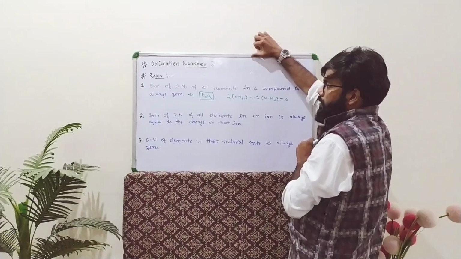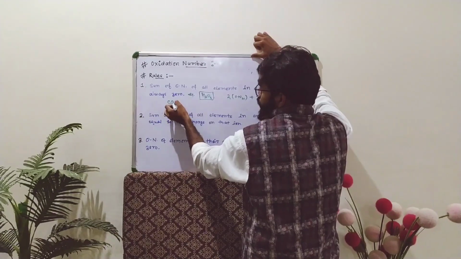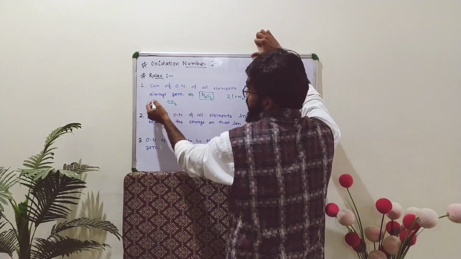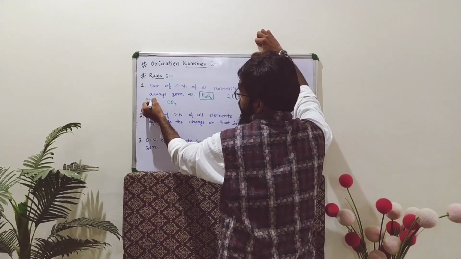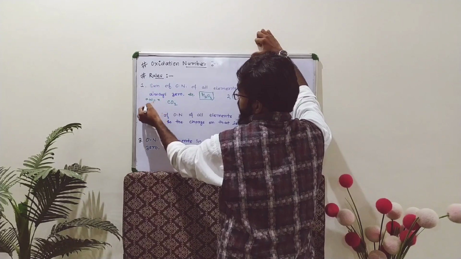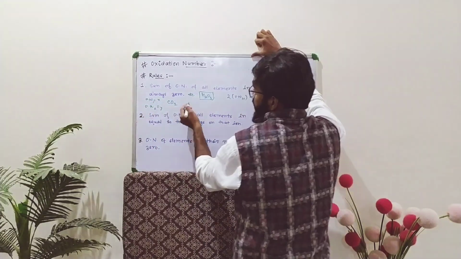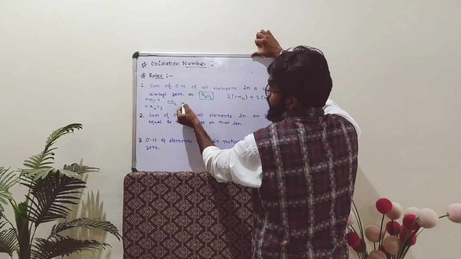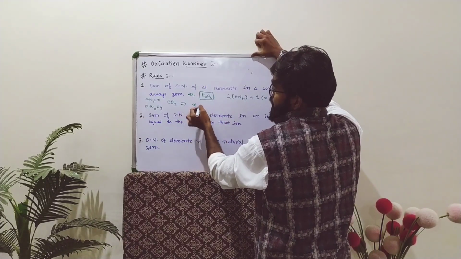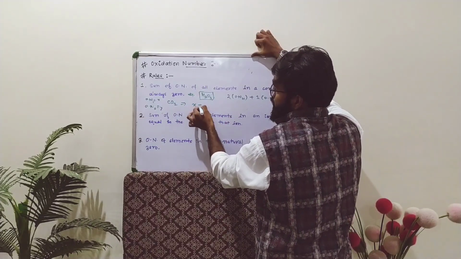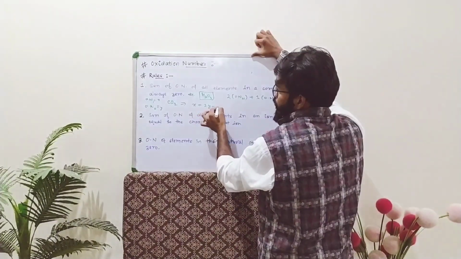Suppose we have taken CO2. Let us consider the oxidation number of carbon to be X and the oxidation number of oxygen to be Y. Then according to this concept, X plus 2Y will be equal to 0.